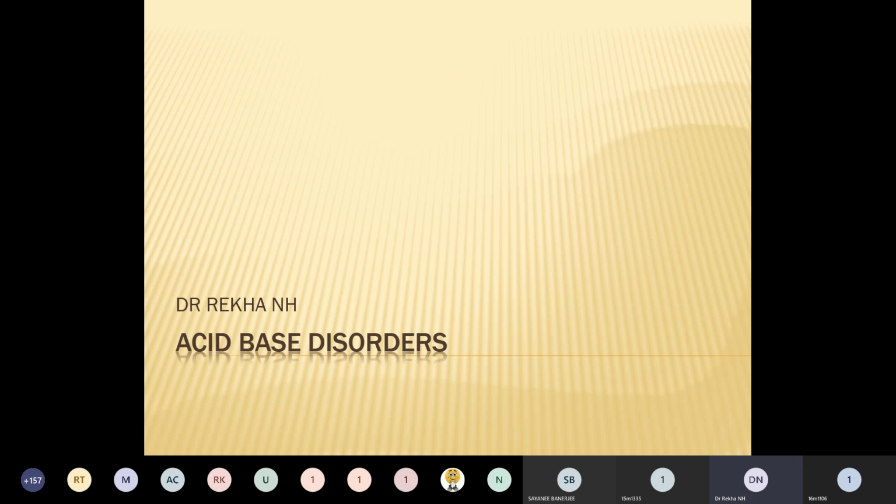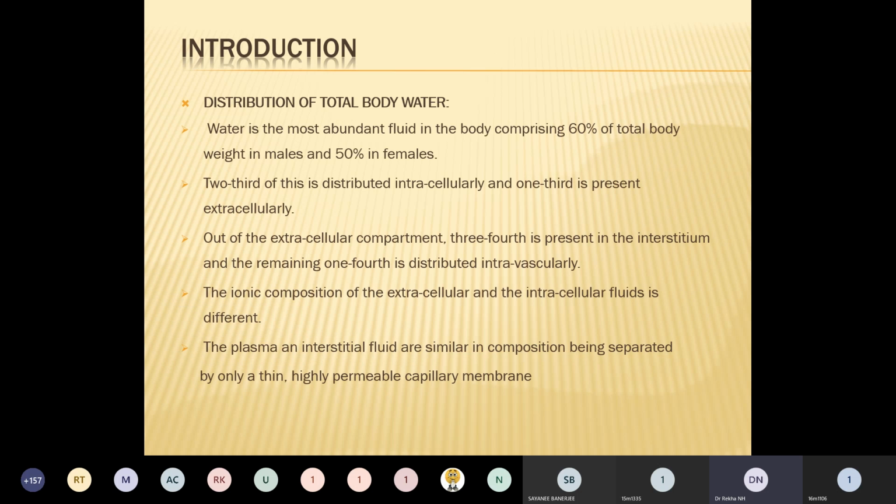So coming to the next topic of today's class, acid base. I'll tell you briefly about acid base disorders. First I'll go with the electrolyte imbalance, then the acid base disturbances. Coming to the distribution of total body water, all of you know water is the most abundant fluid in the body, comprising 60% of the total body weight in males and 50% in females.